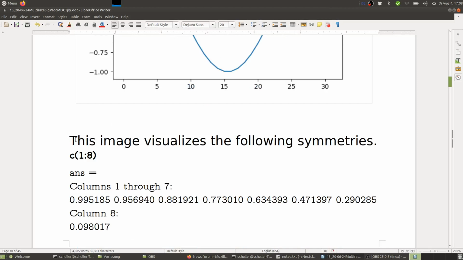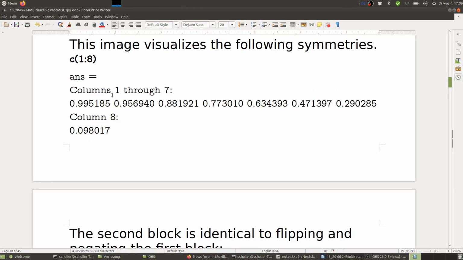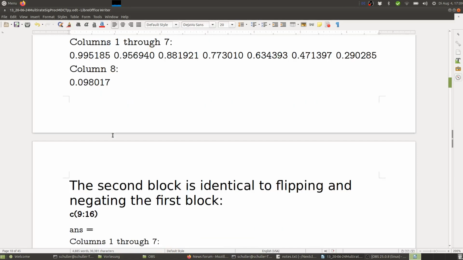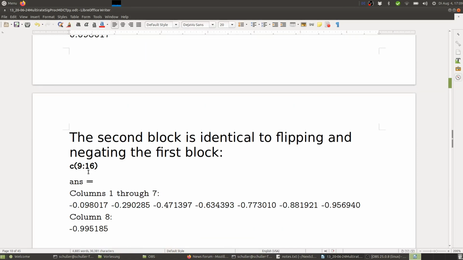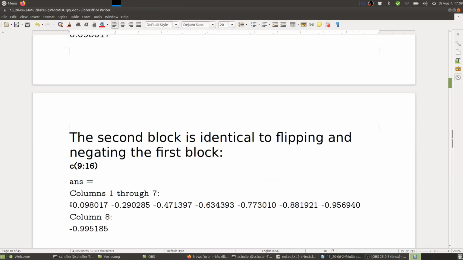So here we can see it in numbers. Here are the first 8 numbers, right? So going from almost 1 to almost 0, and then the second block here goes from almost negative 0 to almost -1. And when we look at those numbers here, the last one here is 0.098, and here we have -0.098. So this starts from the end and it has negative numbers.